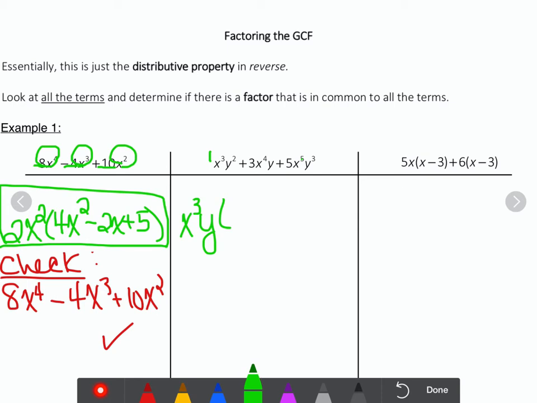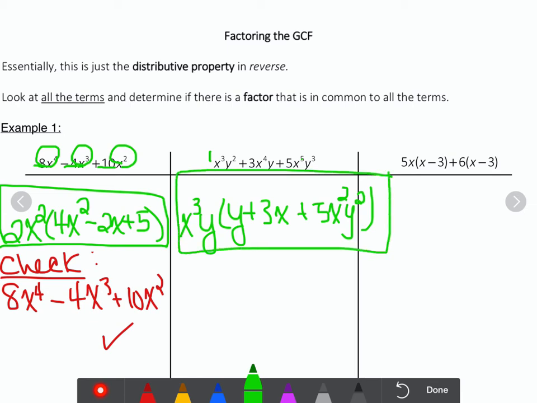Let's look at what's left. I'm left with a y in the first term plus 3x in the second term plus 5x squared y squared in the third term. Make sure when you factor out your greatest common factor, inside of your parentheses you have the same number of terms represented, which I do here.